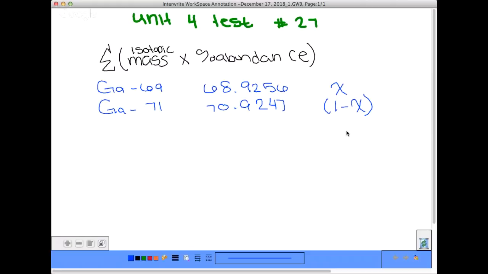So if I look at a periodic table and I look at gallium, what I see is that gallium has a total atomic mass of 69.723 AMUs.